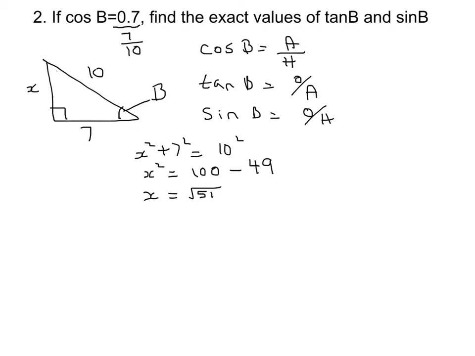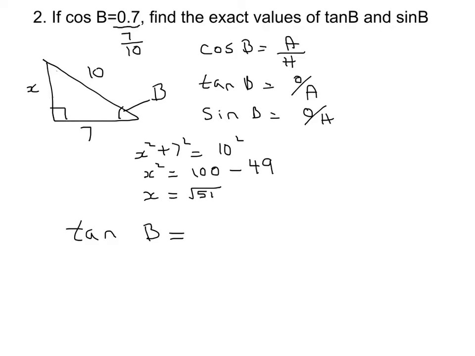And we can't simplify that because 51 is not a square number and has no square factors. So we leave it. And now we just answer the question. So tan B is equal to opposite over adjacent.